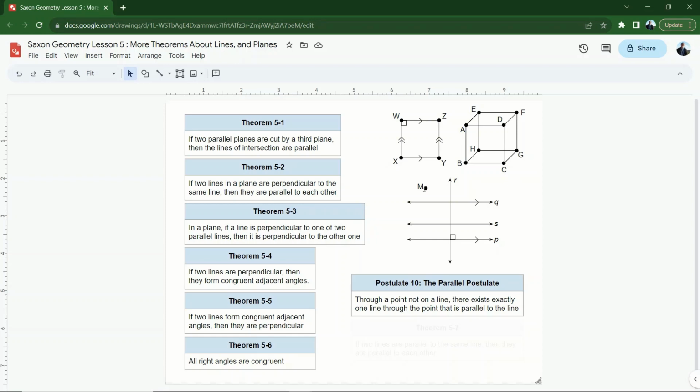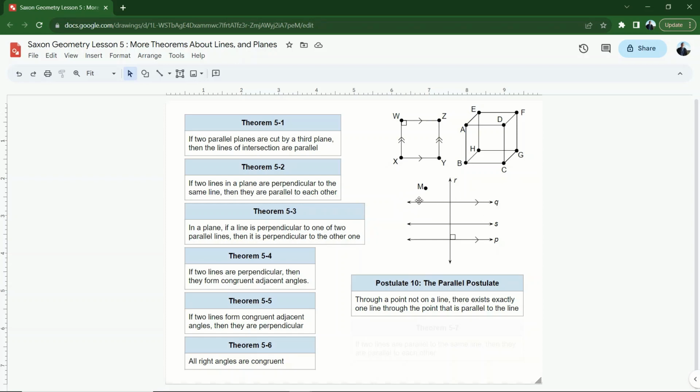Now, can I draw another line through point M that's parallel to Q? Well, other than that original line I just drew, you can picture where that line would be. There's no other line that I could draw. Because if I draw something in a different direction, it's not going to be parallel to Q anymore. It's going to intersect with Q somewhere.